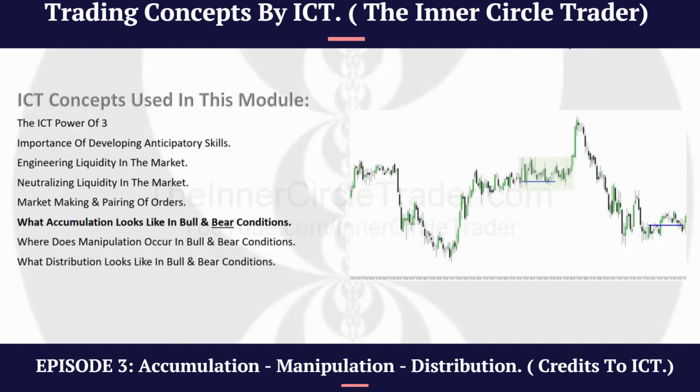Okay, and what does accumulation look like in a bear condition? We have a consolidation and price moves higher, which would be the manipulation. Now, if you look at the left side of the chart, you see a double top. That's exactly where buy stops would reside. Lesser informed traders would have their buy stops resting above that.